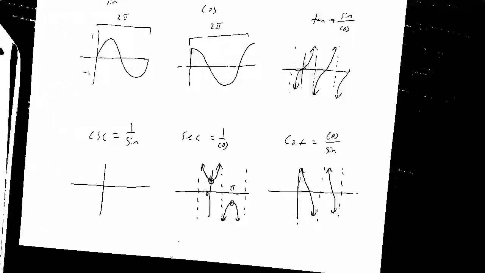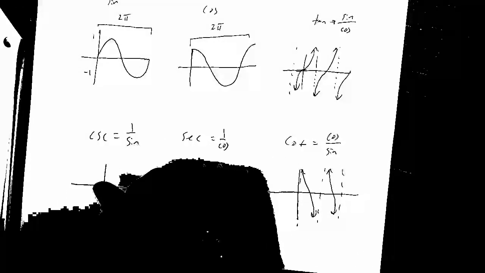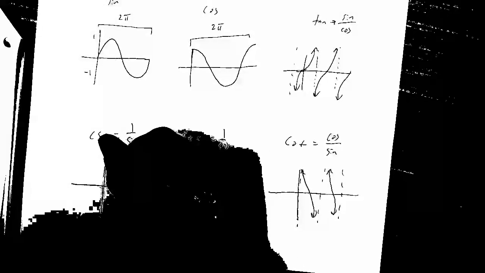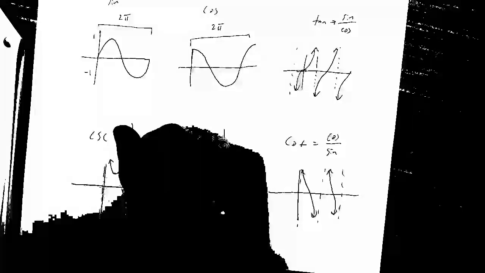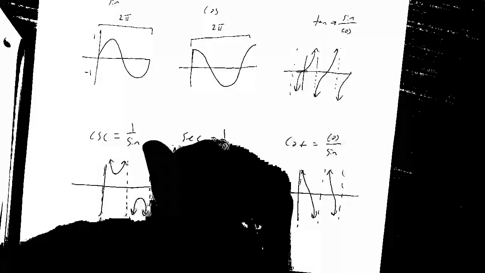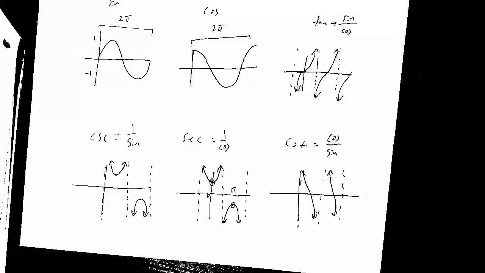Cosecant is similar, except the asymptotes are at 0 and pi, so they're here and here, but it's the same shape, kind of like how cosine and sine are also the same shape, just in a different position.